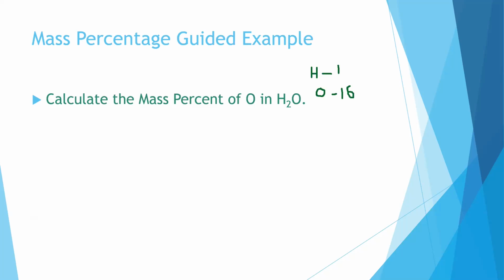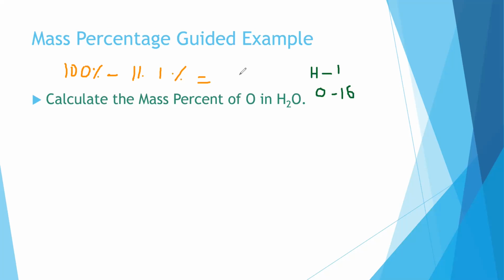I think I've given everyone sufficient time. So a shortcut way, since we just did the last problem, is notice that there's 100% mass in total. And then we could subtract the percentage by mass of hydrogen, which in the previous problem was like 11.1%.